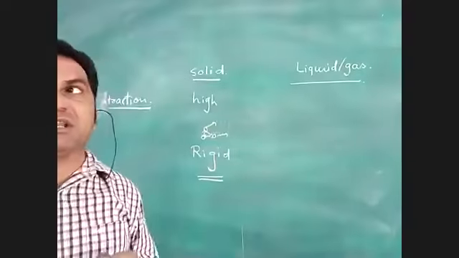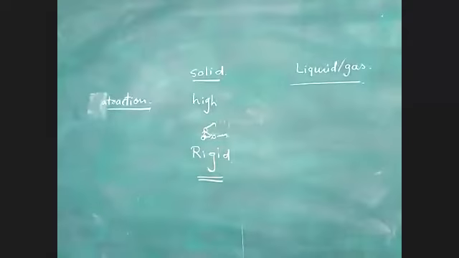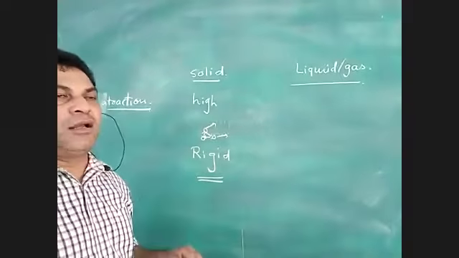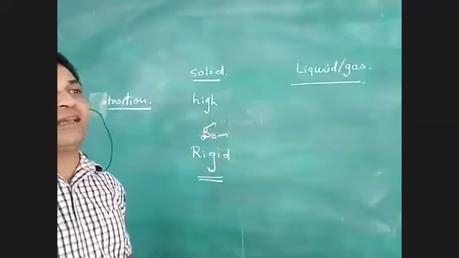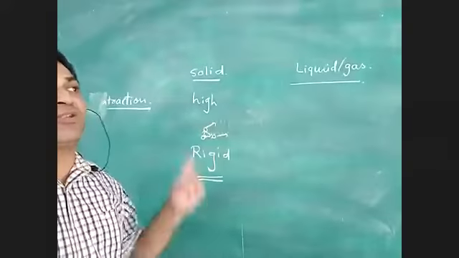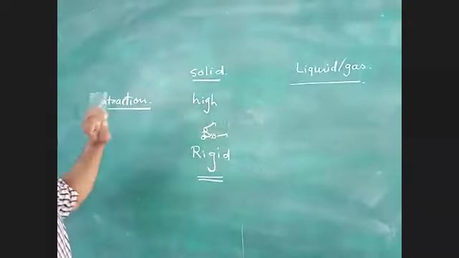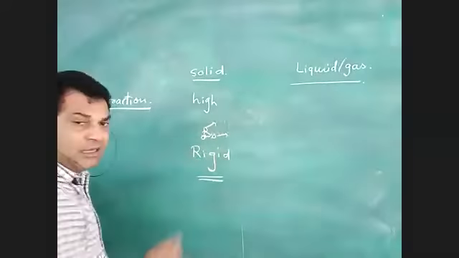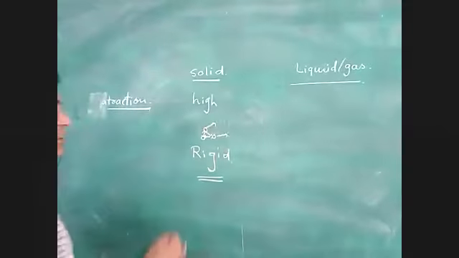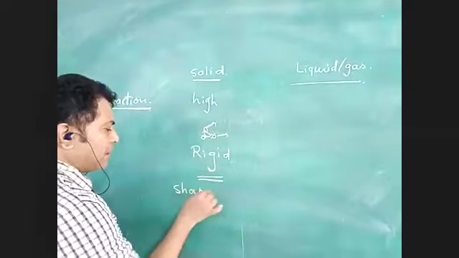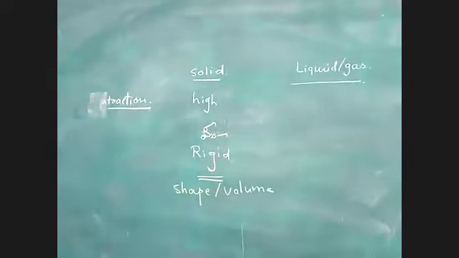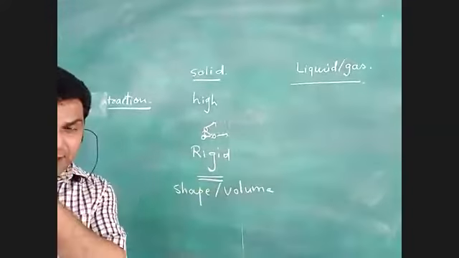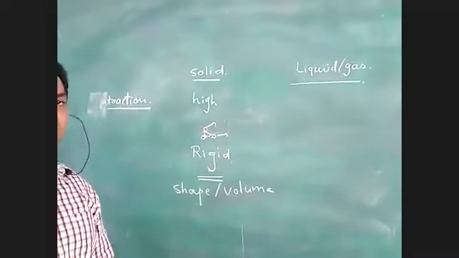A solid substance is rigid because it will not allow the particles to run away from itself, and that's why they remain together always due to the high attraction force. And that's why a solid substance has definite shape and definite volume. So this is the talk of the day: why a solid substance has definite shape and definite volume.